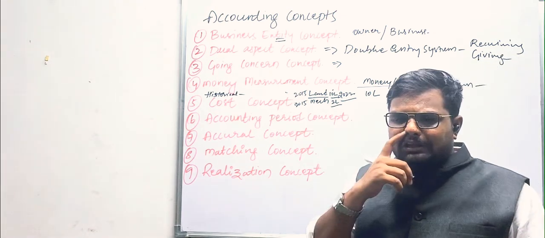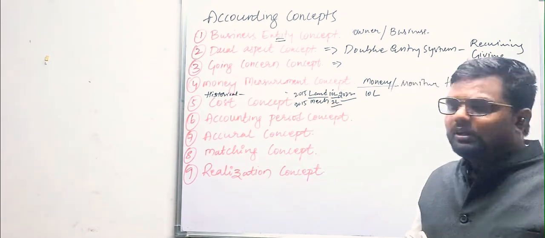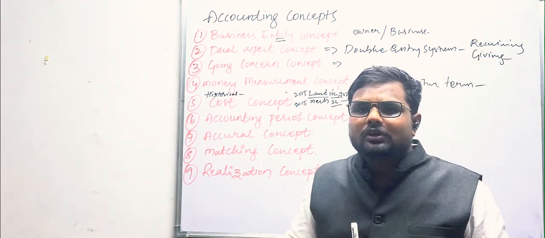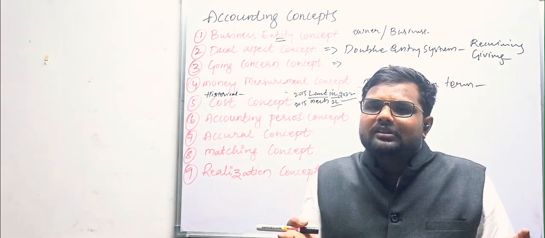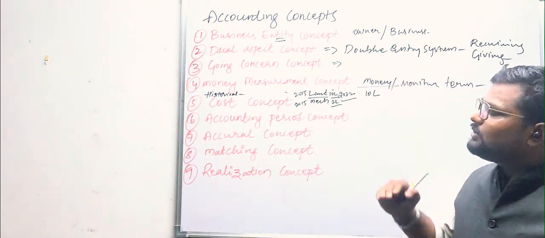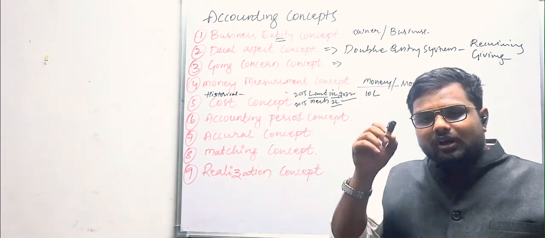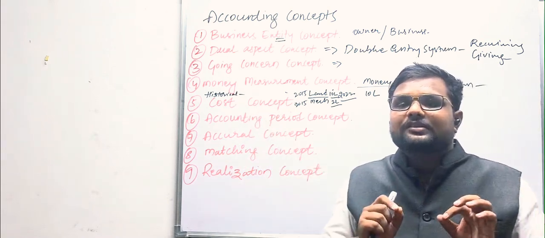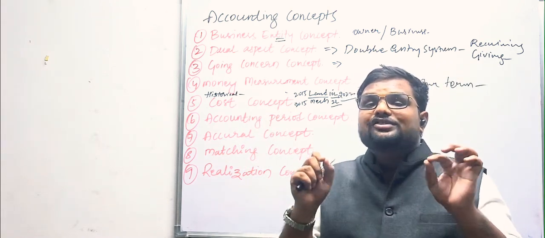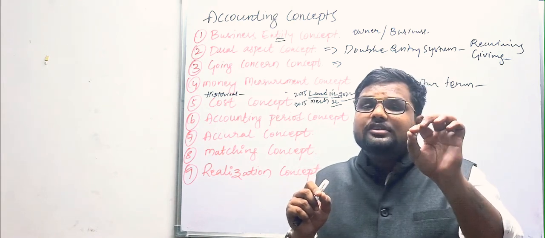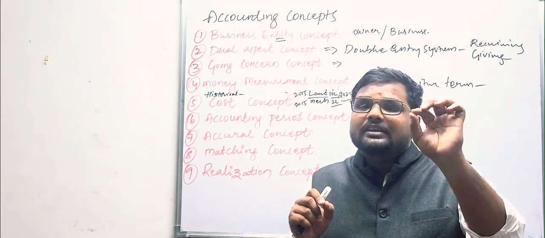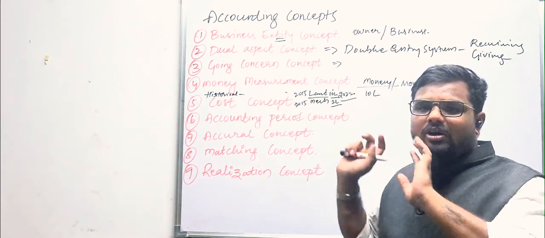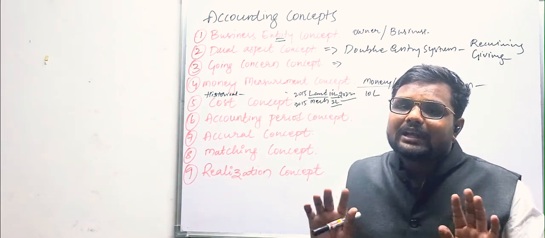You may say, sir, you purchased land in 2015 for 10 lakhs, in 2022 it might be 20-30 lakhs. Why are you writing only 10 lakhs? Because we follow one concept called the cost concept. Cost concept is telling that the historical cost, the original cost you have paid for the acquisition of that asset is to be recorded, not the market value.